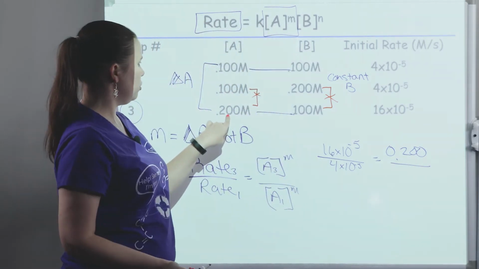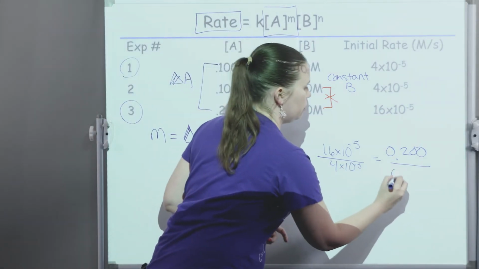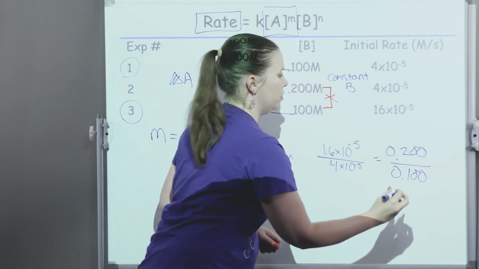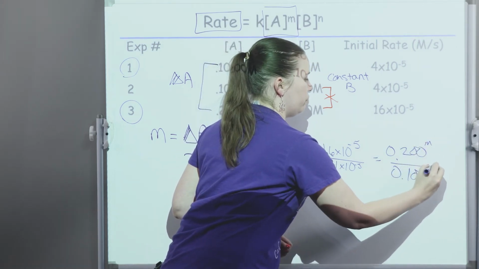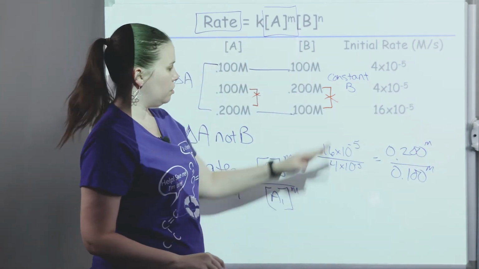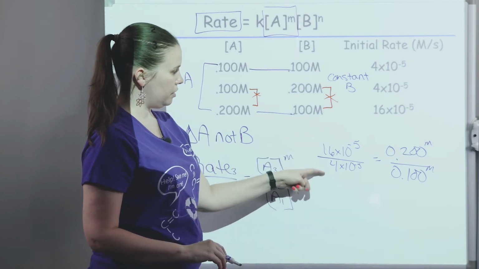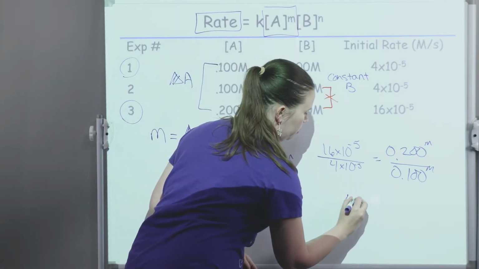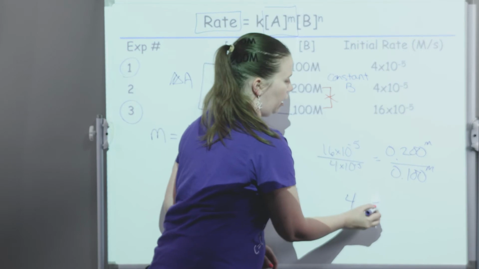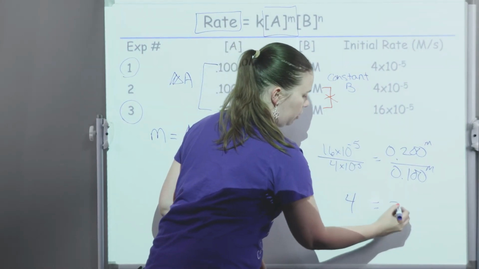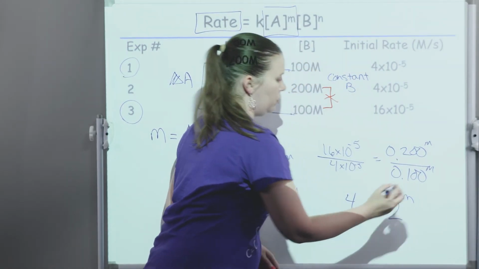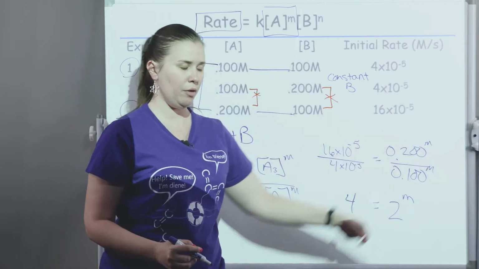And the concentration for 1 was 0.100. Let's not forget that we are trying to find M. So now I'm going to simplify this. 16 divided by 4 is 4. And 2 divided by 1 is 2. But that was to the M power.